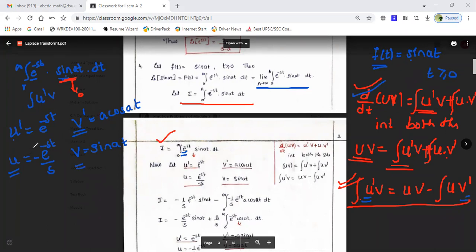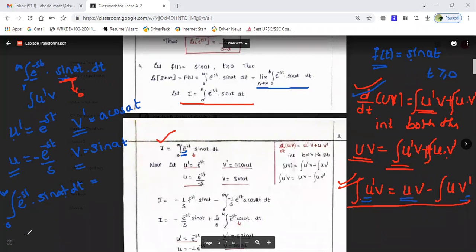Yes, ma'am. Okay. So now once we have got all this, the simple thing is just substituting here. So therefore integration of this, I'll not write again. That is 0 to infinity e to the power minus st into sine at dt. This is my integration u dash v, which is equal to uv, this is u into v.